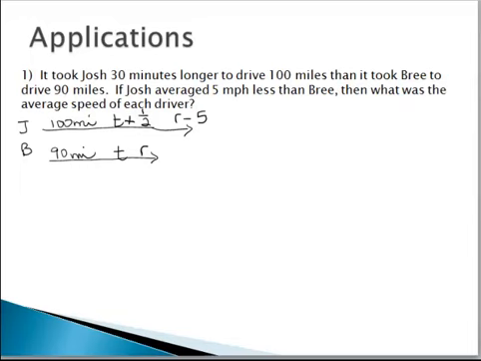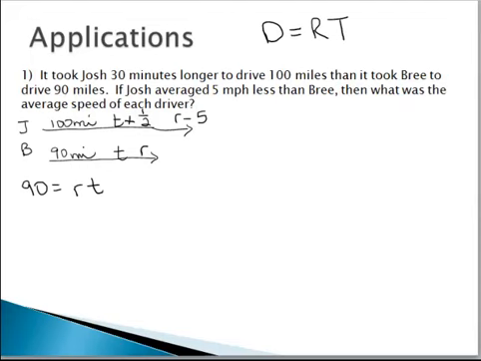We can write those equations using distance equals rate times time. Let's set up Bree's equation because it looks like it may be a little bit easier. So Bree, her distance was 90 miles, and it's equal to rate times time. Since we're looking for the average speed of each driver, we could solve both of these so that there are r's in here and no more t's.